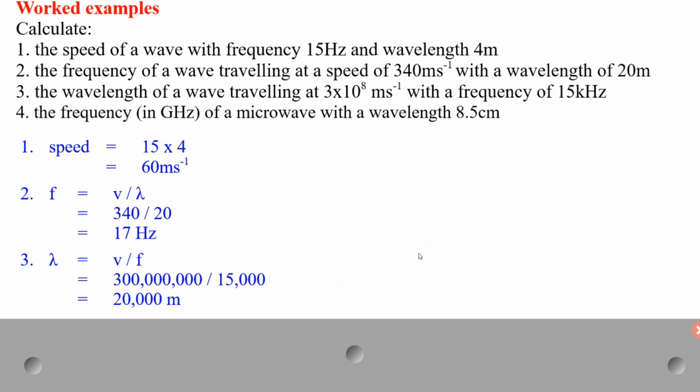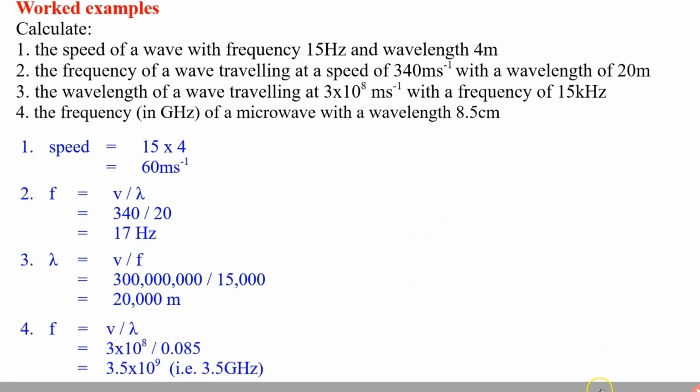So if we're talking about some waves, the wavelengths can be very, very large, if we're talking about radio waves, all the way down to absolutely tiny, if we're referring to gamma radiation, gamma waves. Then the final one, the frequency, f is equal to v over lambda. Sometimes they won't tell you the speed.